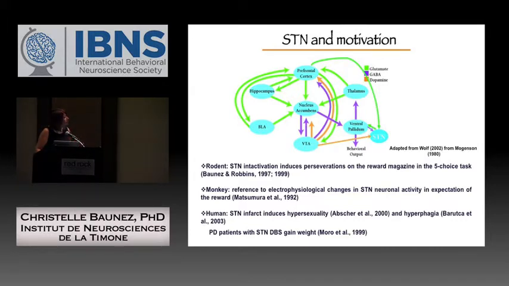But actually, there are missing connections on that diagram, of course, and the STN is receiving, as I said, direct input from the prefrontal cortex. It's in direct communication with the ventral pallidum, but also receives dopaminergic input from the VTA and the substantia nigra pars compacta, and also controls the dopaminergic neurons, as we've seen this morning with Charles Blaha's talk.